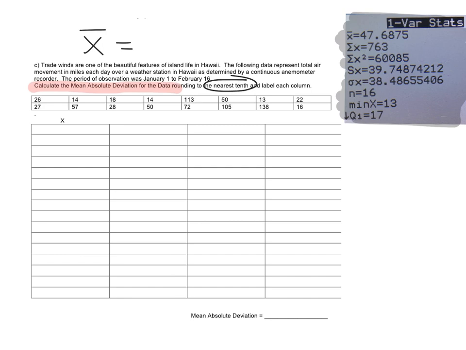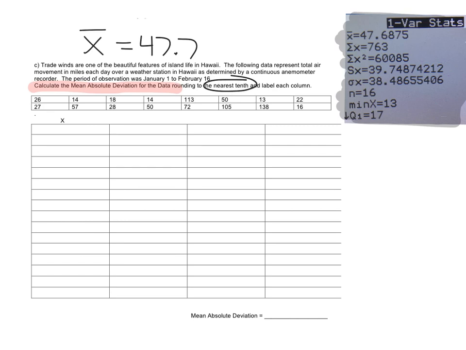Here, the mean to the nearest tenth is 47.7. So the mean absolute deviation is how far from this mean each number is on average.